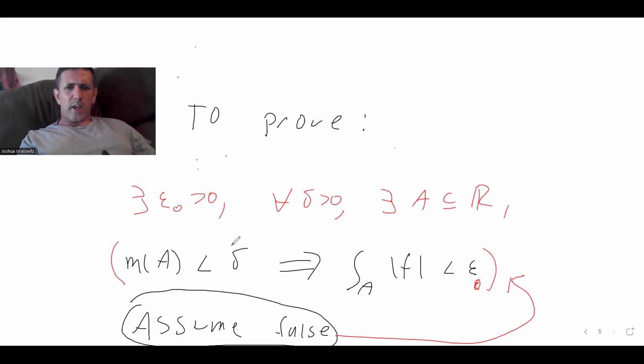And when you negate an implication, it's this is true, but this is bigger or equal to epsilon. So it's this and the negation of that. That's just how you negate an implication.